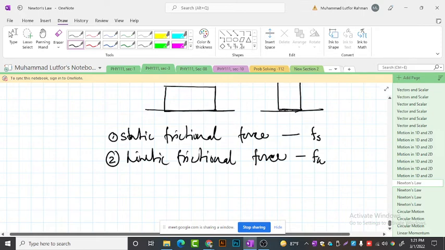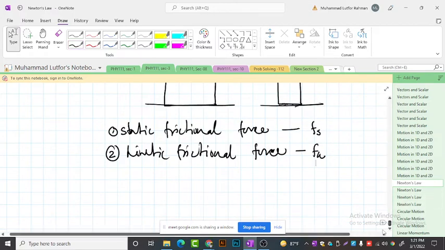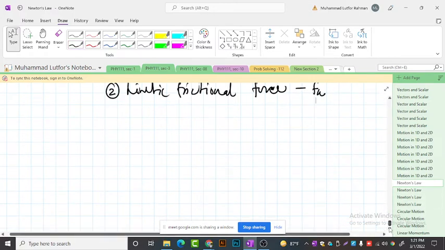Now there is a case. Say you have a block on a surface that has friction right now. Say you apply some force on that block, pushing it in the forward direction, but it's not moving at all. Why? That is the frictional force, right?